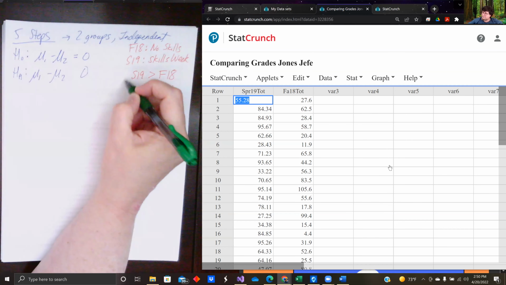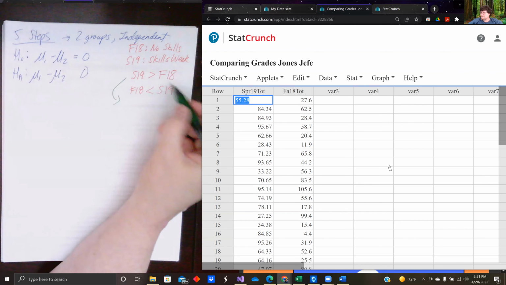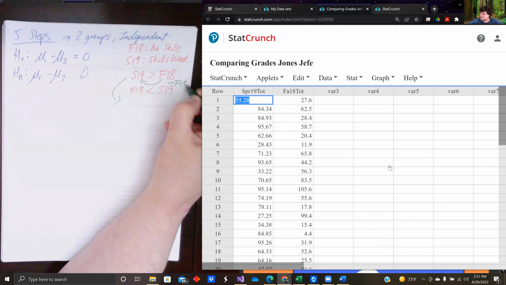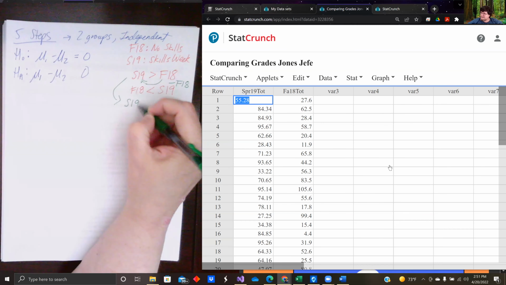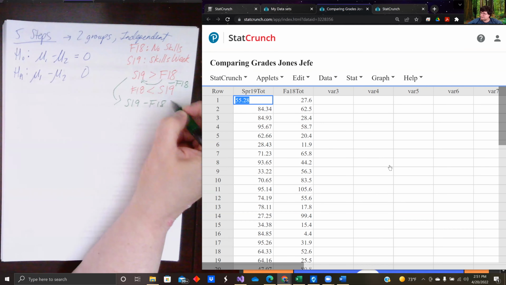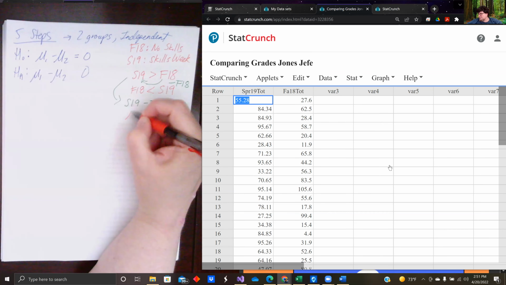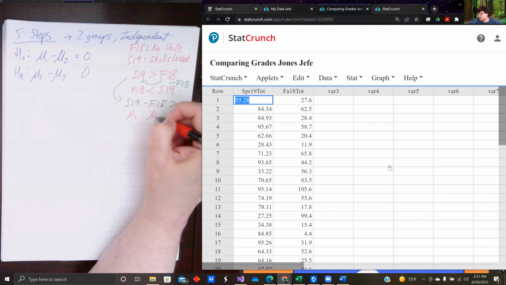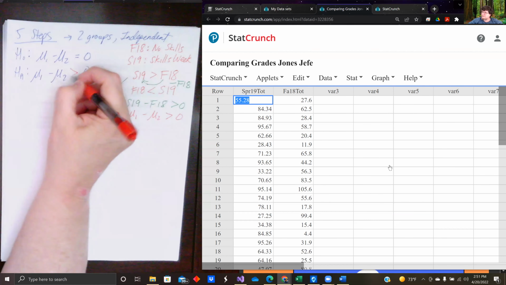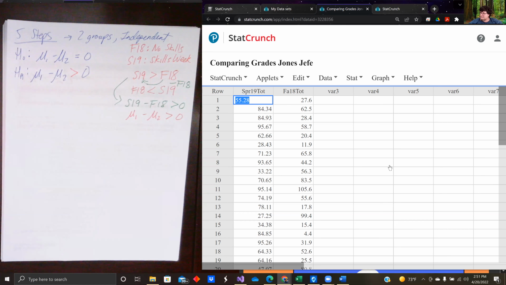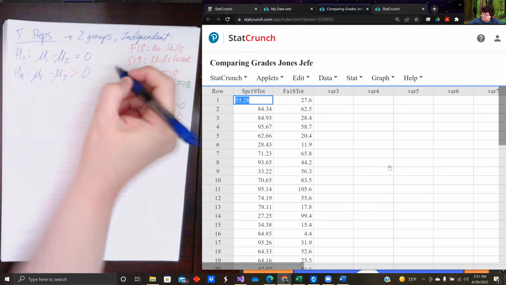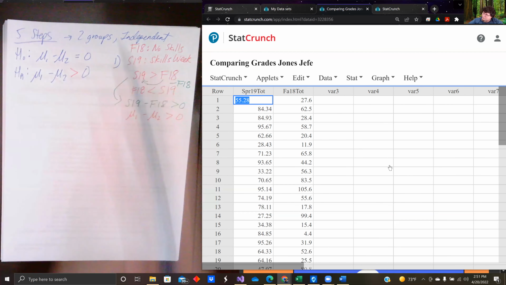I'm going to go with this one, which means if I move the F18 to the other side by subtracting it, I get S19 minus fall 18 is greater than 0. So if I label this mu1 and this mu2, I can say mu1 minus mu2 is greater than 0. And that's helped me identify my groups. This will be 1 and fall 18 will be 2.